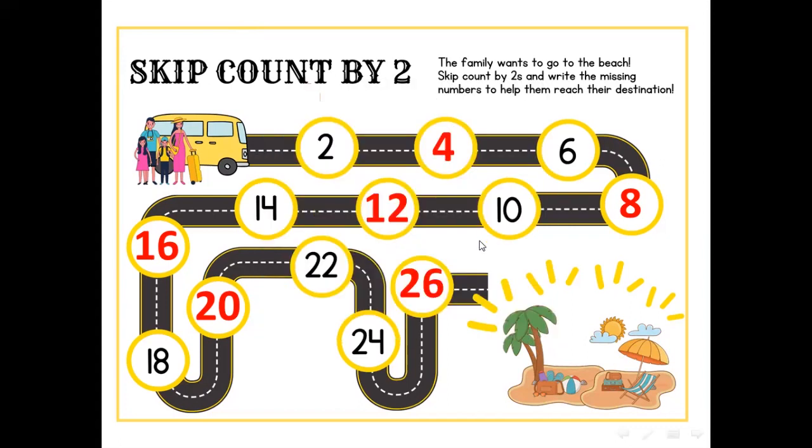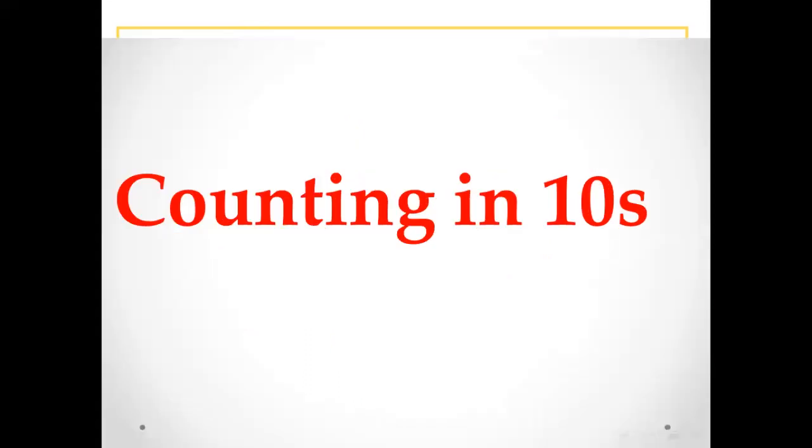And let's see our second concept, okay? Counting in tens. Here, when I'm counting in tens, I skip 9 numbers or I add 10 to the numbers that I know that I need to know what comes next.